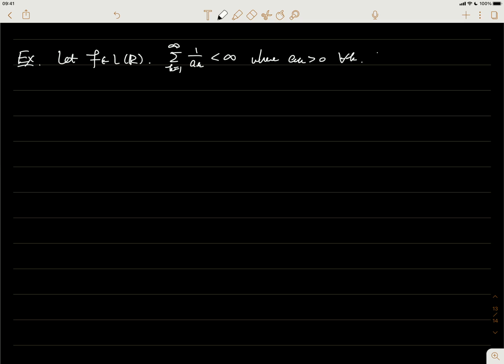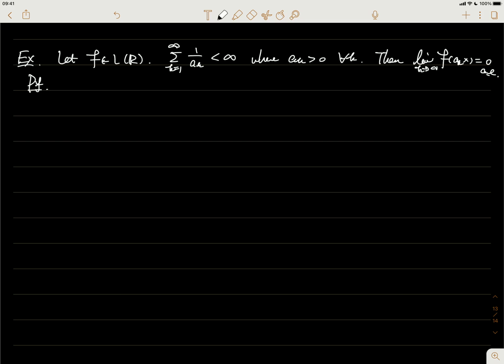Okay, then let's show that the limit of f(a_k x), which is a_k times x, is equal to 0 almost everywhere.